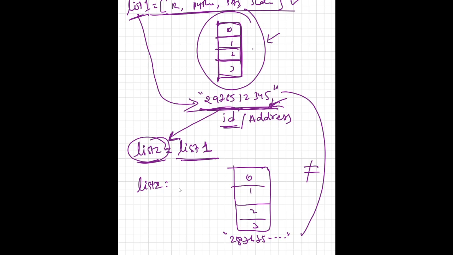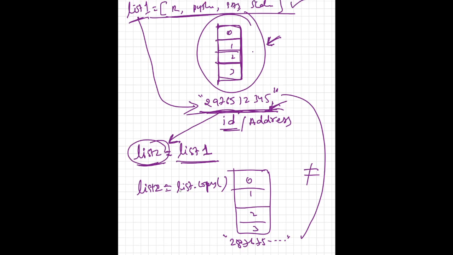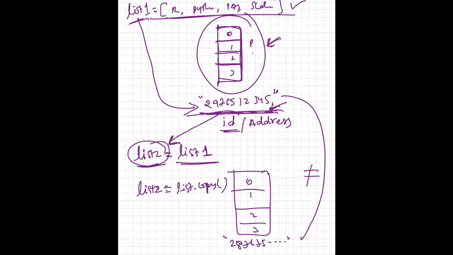That will only happen with list1 dot copy. When you call the copy function, it will copy the entire values into a new list. Whatever the R, Python, SAS, Scala, these entire values will get added as a new list with a new address. It's kind of creating a replica block of memory.